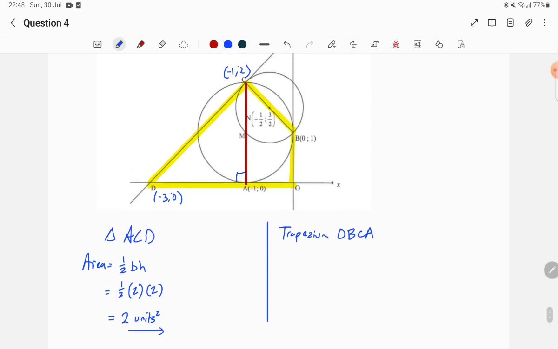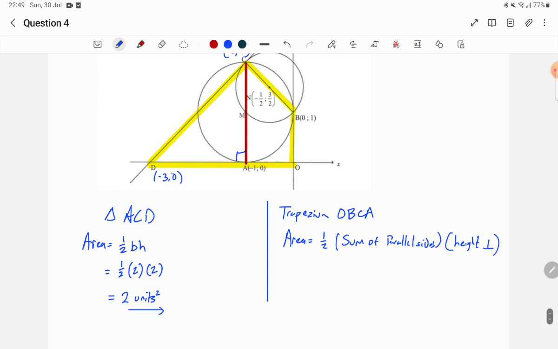Then coming back to the trapezium, the area of a trapezium is equal to half the sum of the parallel sides multiplied by the perpendicular height.